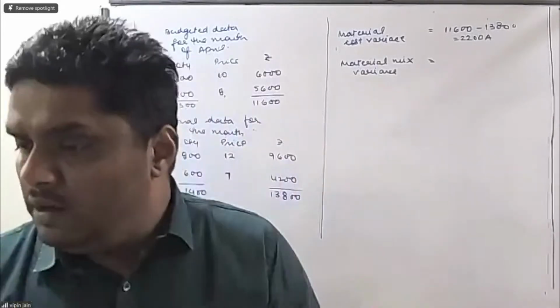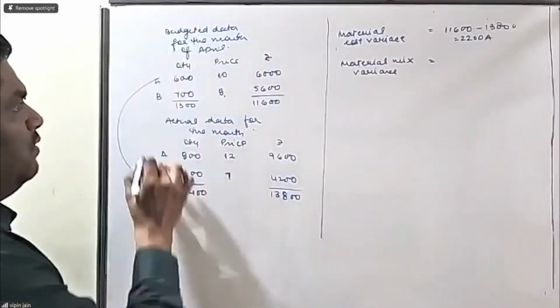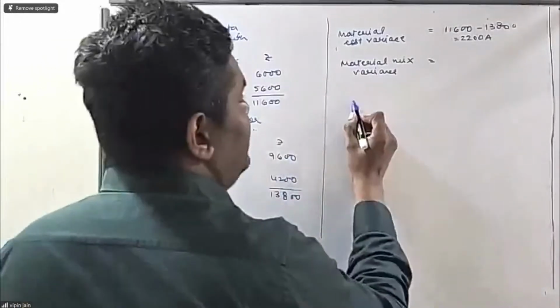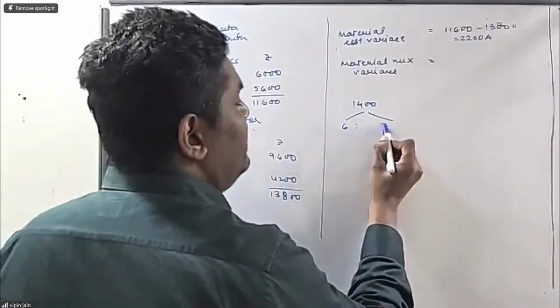Yes, Sai Kiran Kumar. When talking about mix variance, 1400 should be in the ratio of 6:7.